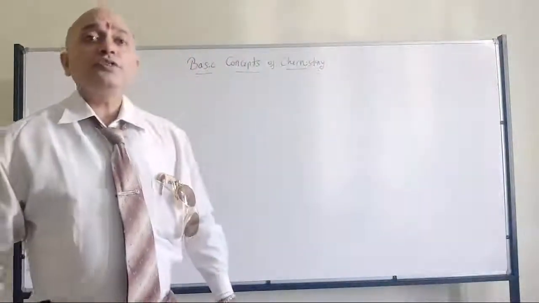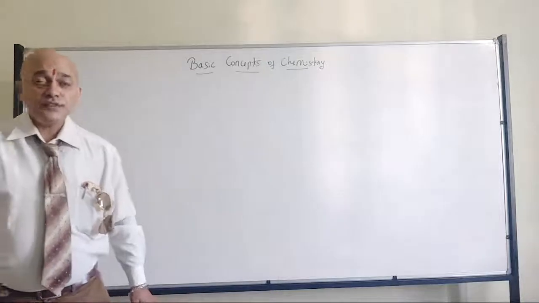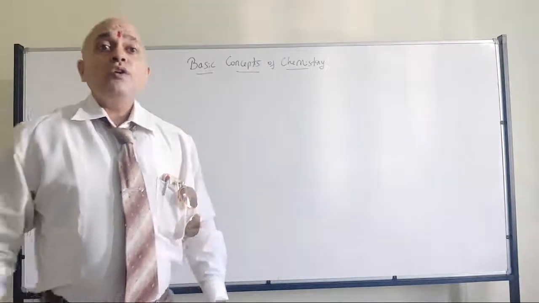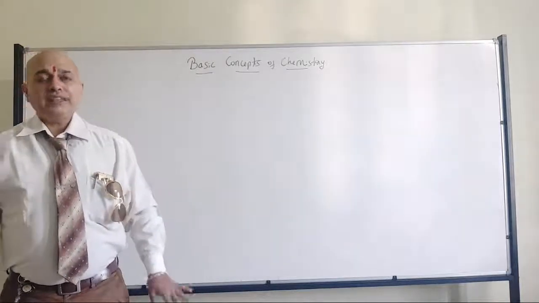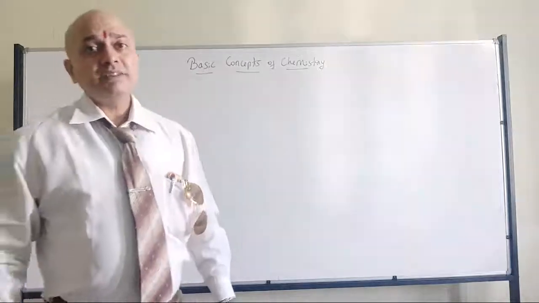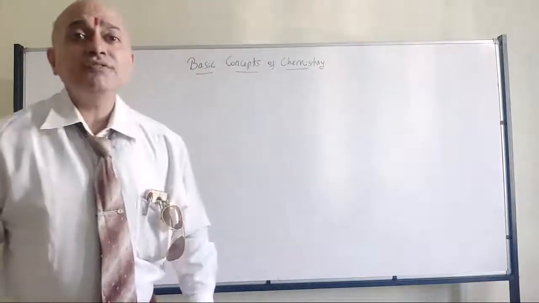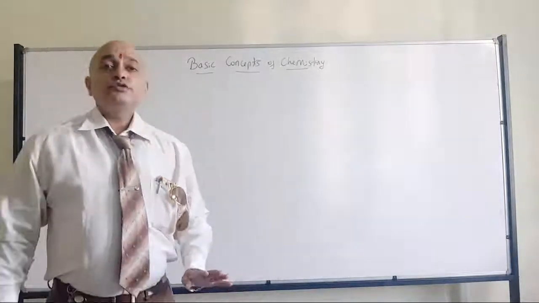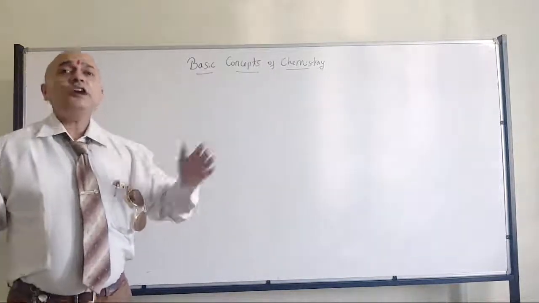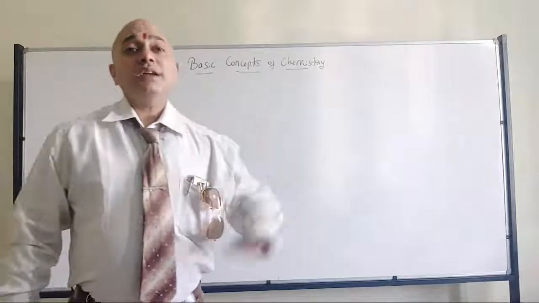So therefore I told, once your classification of elements topic is done, at least you should know up to 40 elements, 35 elements. If you know more than that, that will be nice. Otherwise, minimum 35 elements at least you should be knowing with their atomic number and with their atomic mass, especially atomic number.